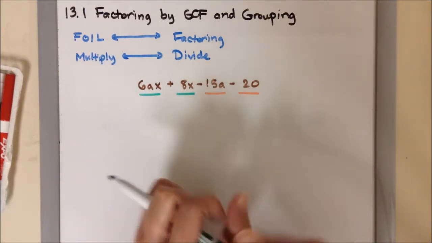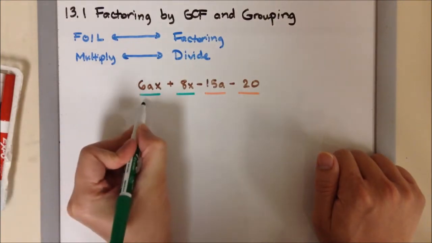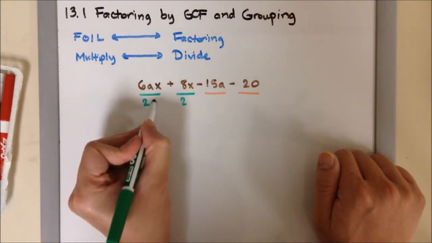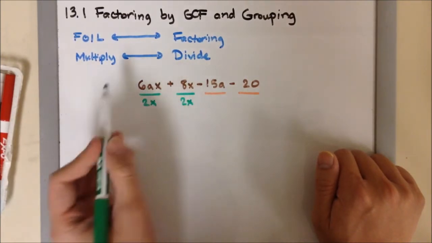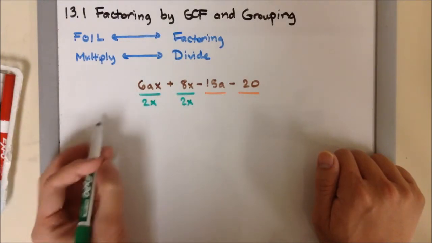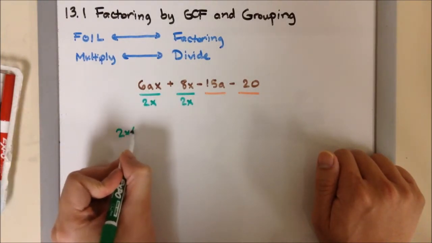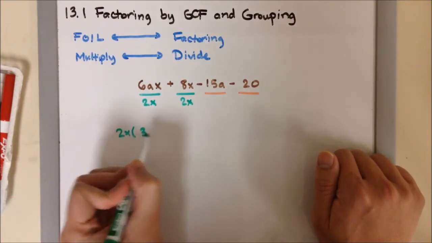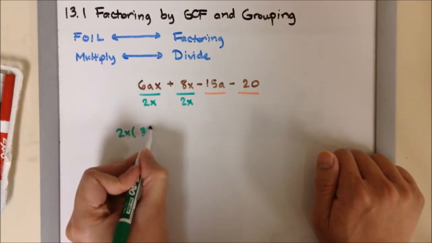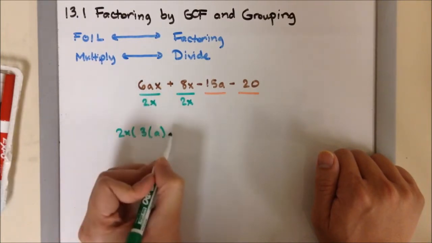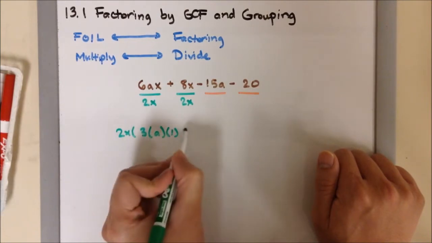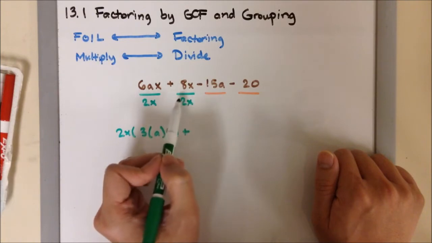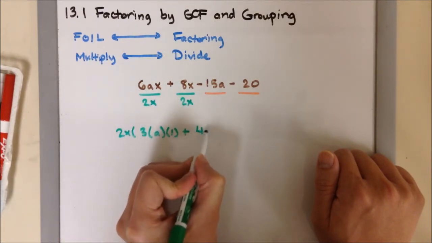Now the coefficients 6 and 8 are both divisible by 2, and they both have x, so we're going to include x in our GCF, so 2x for both terms. 6ax divided by 2x will be 3a, because 6 divided by 2 is 3, and I have my a, and x divided by x is just 1, plus, because it's a positive 8x divided by a positive 2x, that would simply be 4.